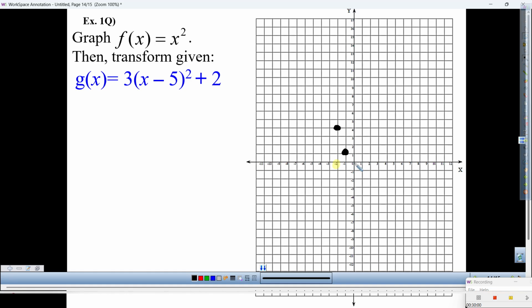What is 0 squared? 0. What is 1 squared? 1. What is 2 squared? 4. And that's the domain that I want you to use from this point forward. Once again, if it doesn't say what domain, that's the domain we're going to use, from -2 to 2. Label this one f of x.